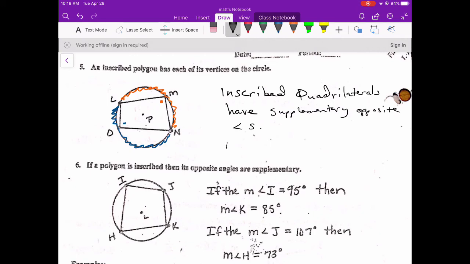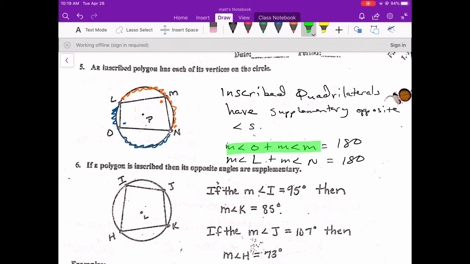That means the measure of angle O plus the measure of angle M equals 180, and the measure of angle L plus the measure of angle N also equals 180 degrees.